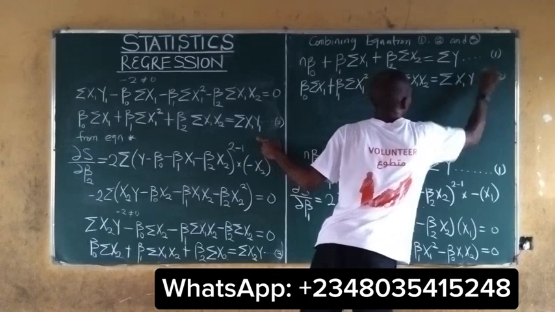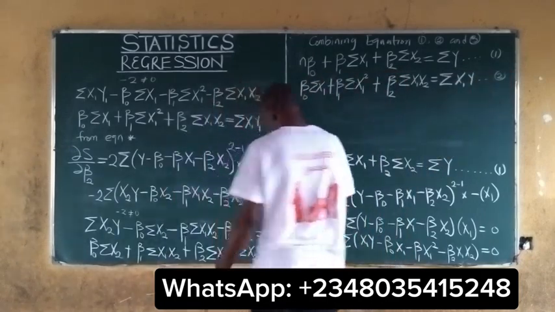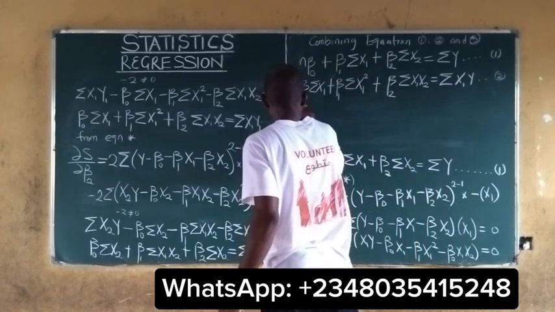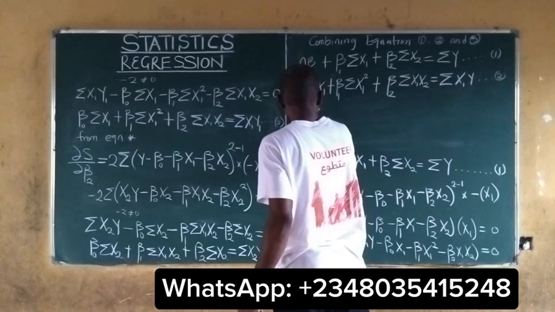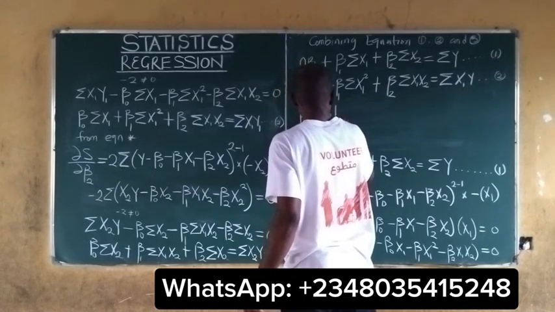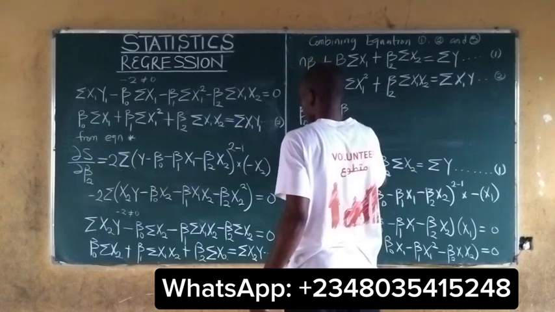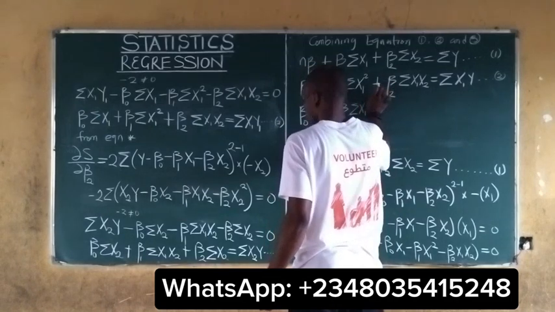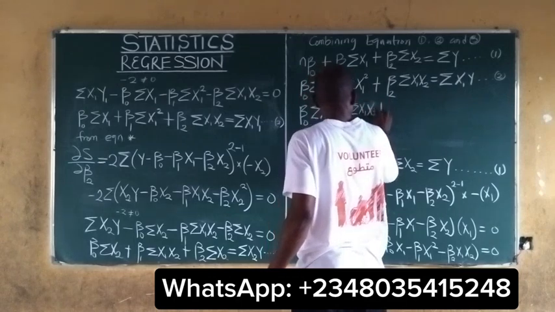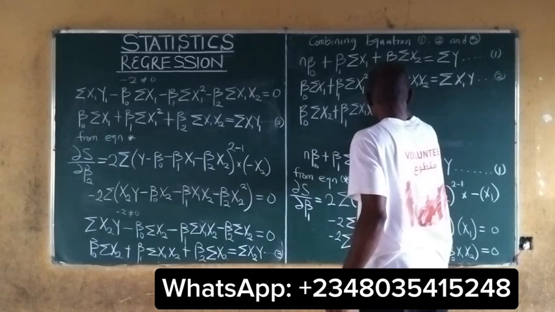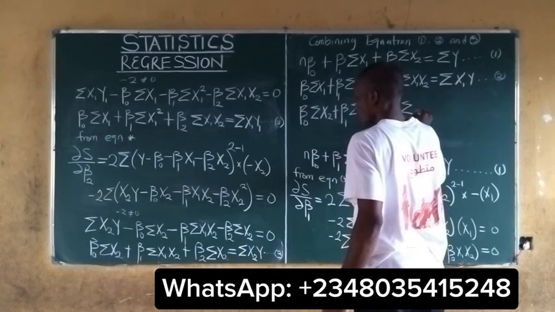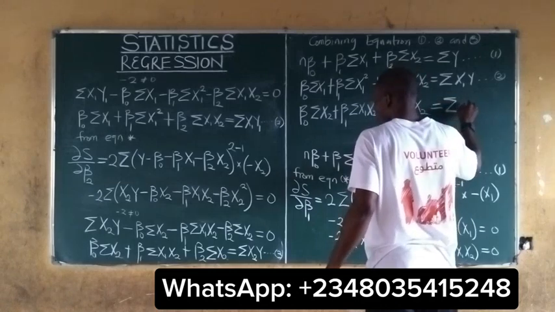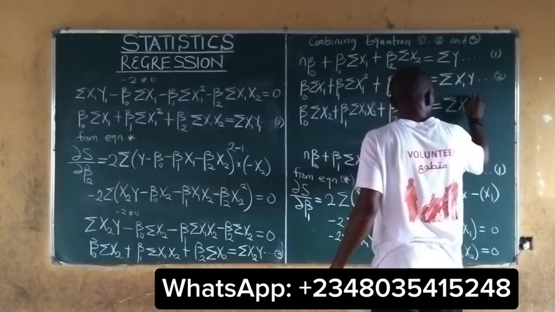And the third equation, we'll bring it forward. We have b naught summation x2 plus b1 summation x1 x2 plus b2 summation x2 squared is equal to summation x2 y.